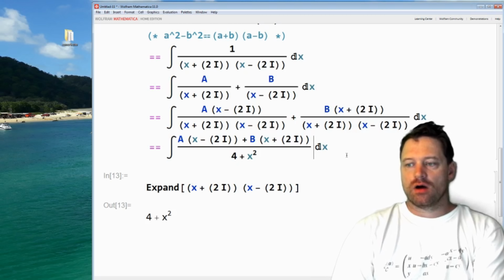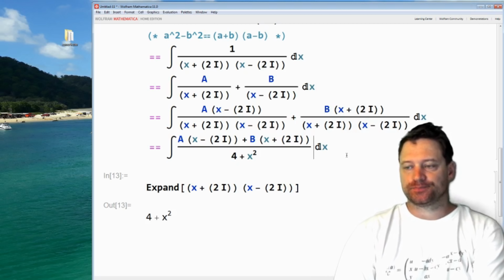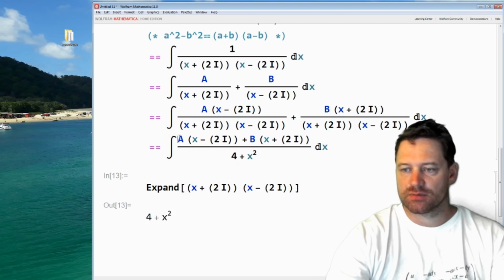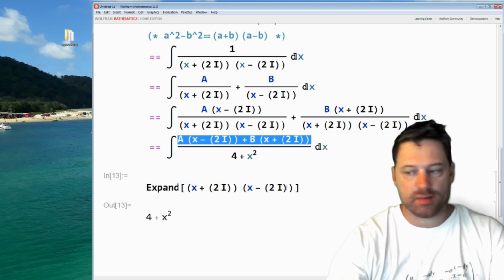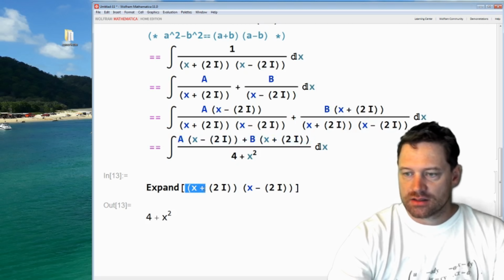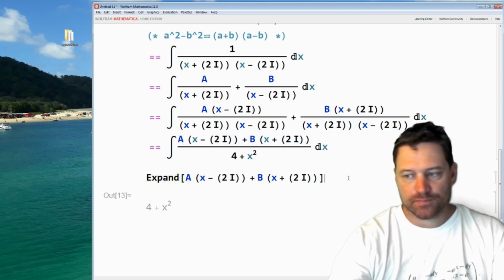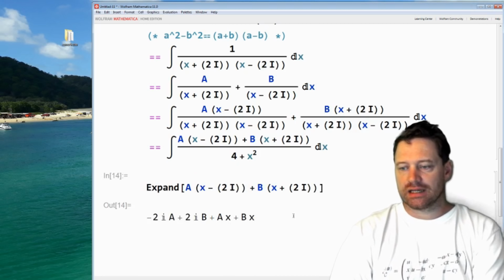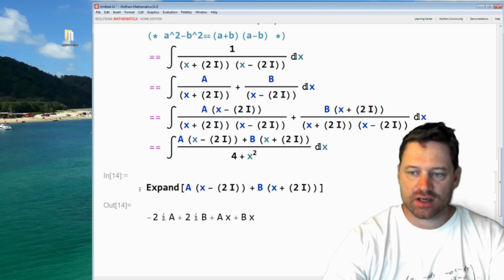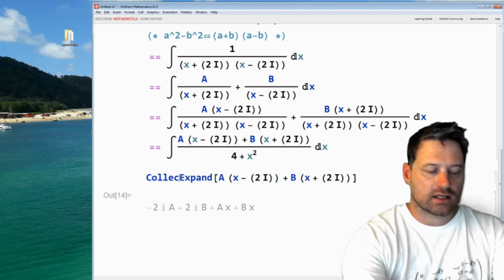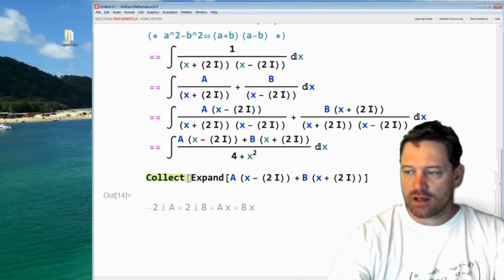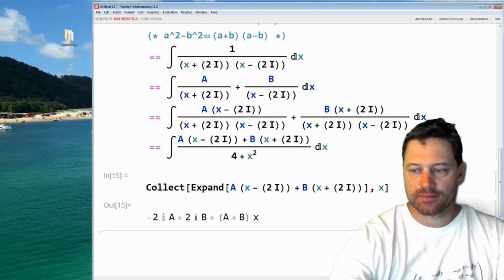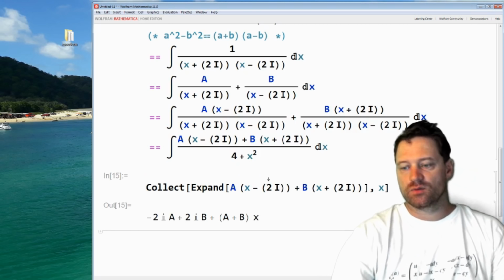Now you want to expand this and look at the coefficients of x and the constant terms. So I'm going to come down here and get Mathematica to do that. Write expand, shift enter. Now look, you want to collect like terms. So what we can do is write collect, and then I want to collect the coefficients of x. Shift enter. It's done that hard work for me.